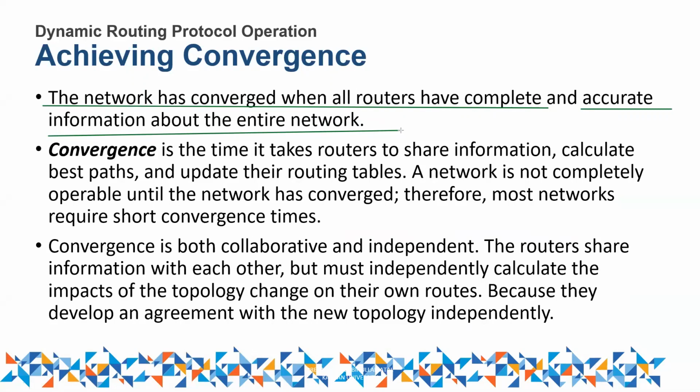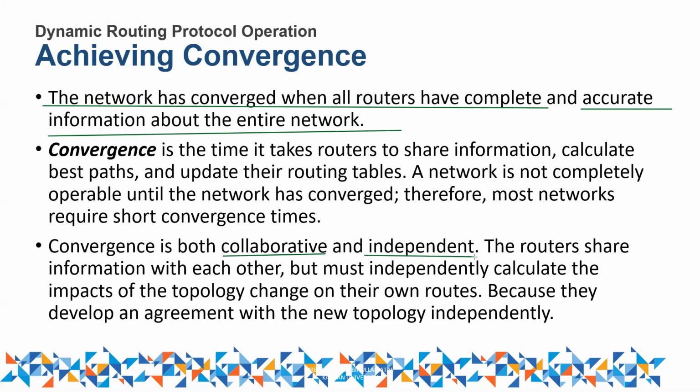See, convergence is a time, that in how much time or how fast the routers will exchange the routing information, or the routers will learn the routing information from each other. Okay, so that time is called what? Convergence time.